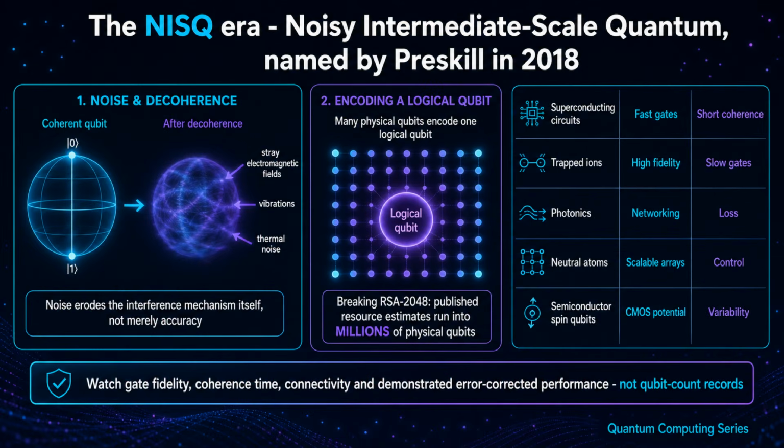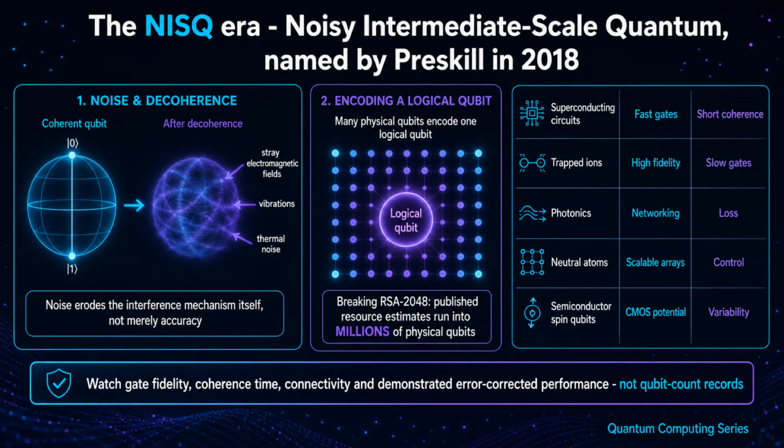Today we live in what John Preskill named the NISQ era in 2018, noisy intermediate-scale quantum. Devices have enough qubits to be awkward for classical simulation, but lack the error correction needed for long computations. The central obstacle is decoherence. A qubit interacts with stray fields, vibrations, and thermal noise, and since interference is the whole mechanism, noise erodes the machine itself.